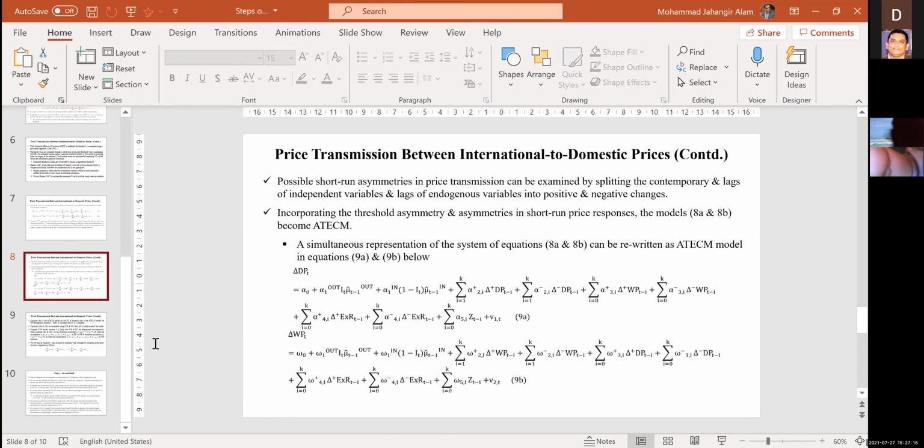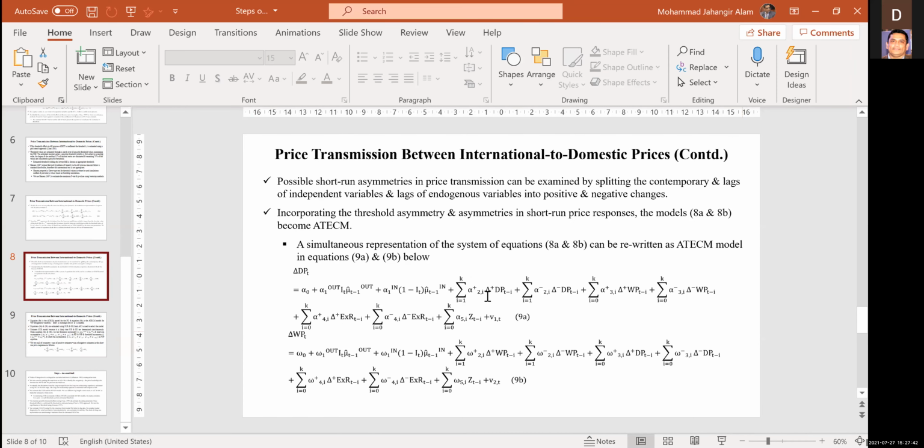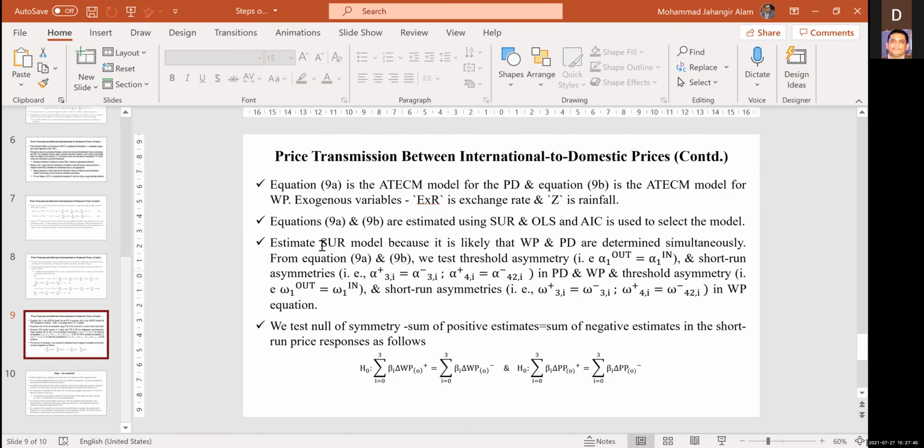So based on this, this is the last slide actually, so it's taking time. Equation 9a is the asymmetric threshold error correction model for the PD, and equation 9b is the asymmetric threshold error correction model for world price, exogenous variable, etc. These equations 9a and 9b are estimated using SURE and OLS, and AIC is used to select the model.